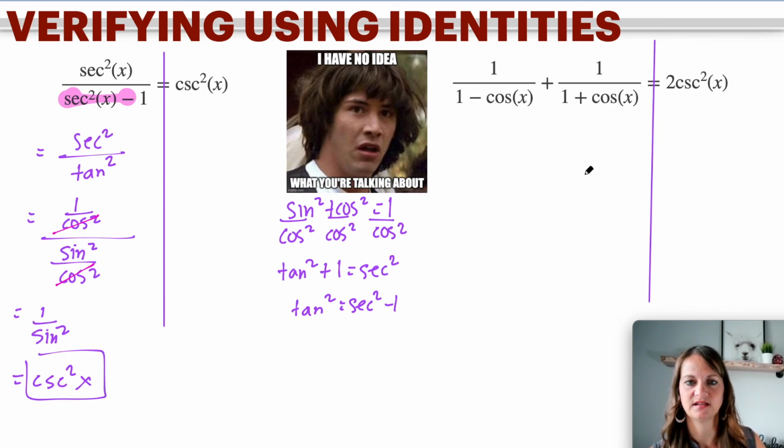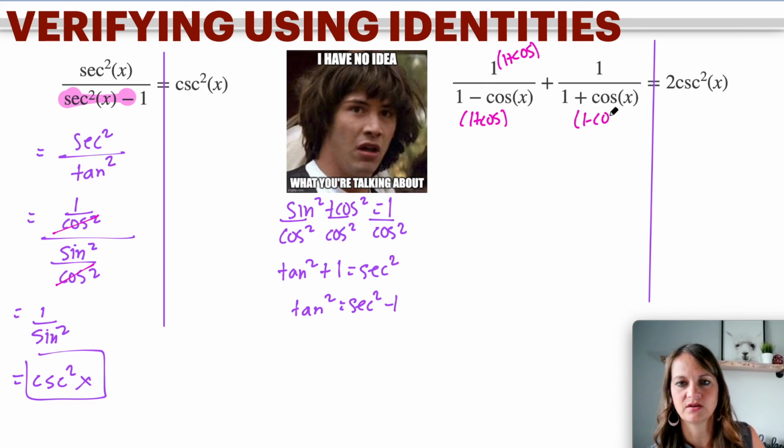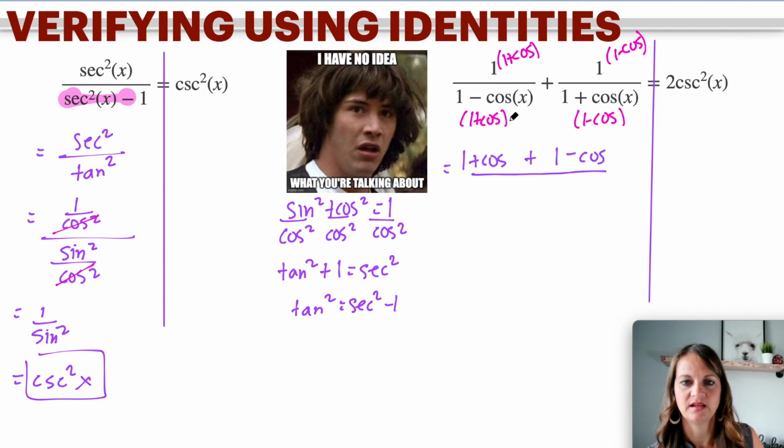And last, I'm going to find a common denominator, which means I'm going to have to multiply by 1 plus cosine, which I'll have to do at the top as well, and then 1 minus cosine at the top as well. So at the top, I'll be left with 1 plus cosine and another 1 minus cosine. In the bottom, I'm left with 1 minus cosine times 1 plus cosine.